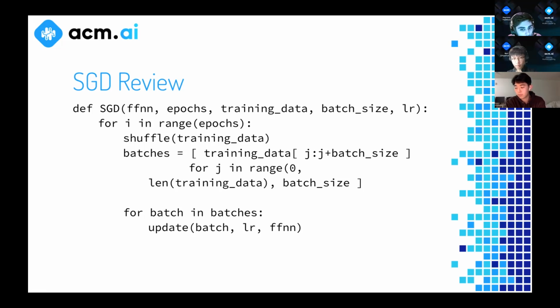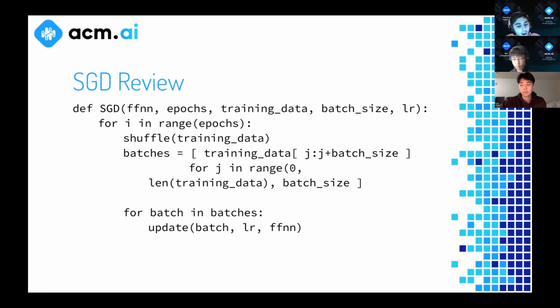Whatever that batch size parameter is, it's going to partition along that. So if our batch size is 10, then we split the data into partitions of 10 training examples each. So it does exactly what we discussed when constructing batches. For each epoch, first you shuffle the training data, then you craft your batches.